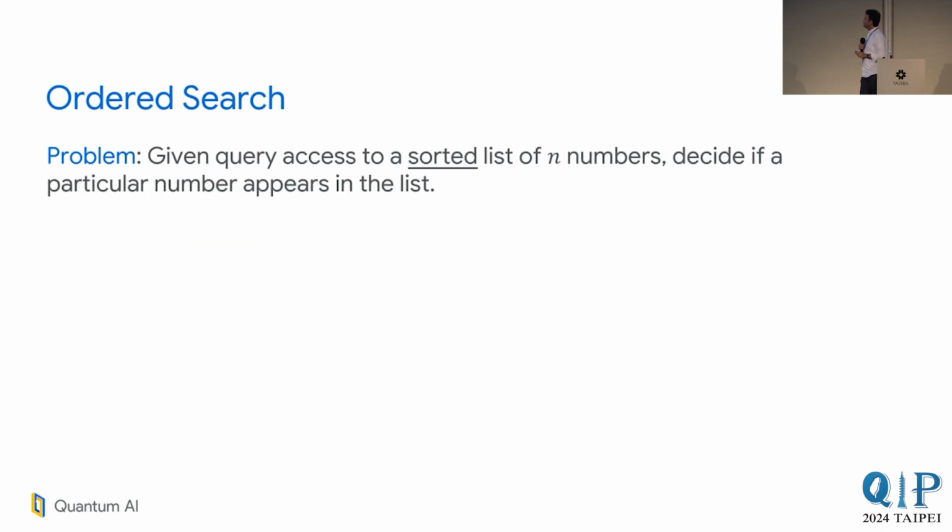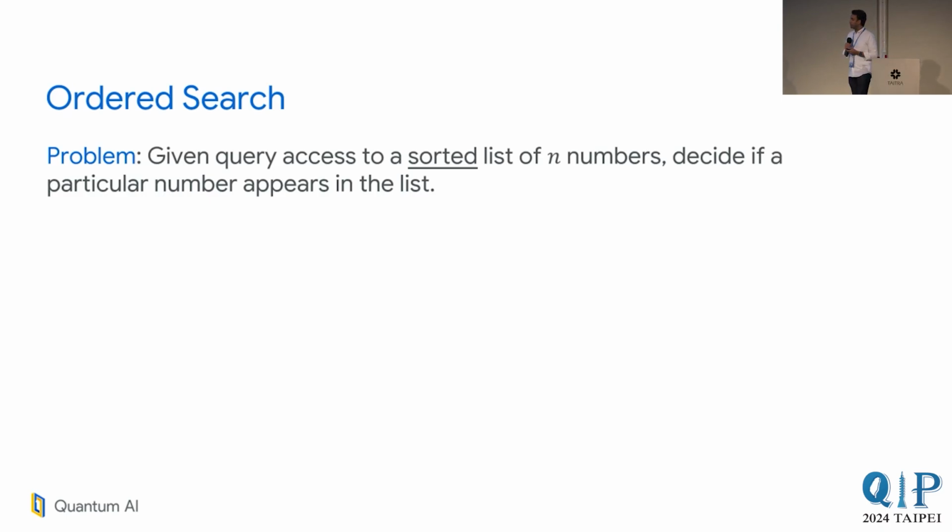So okay, let's do another fun one. Ordered search. This is where you're given a sorted list of numbers. What's different from the previous one, unstructured search, is that now your list is sorted. So you have some numbers, again maybe the numbers from 1 to n, and they're in increasing order. You want to decide if a particular number appears in this list.